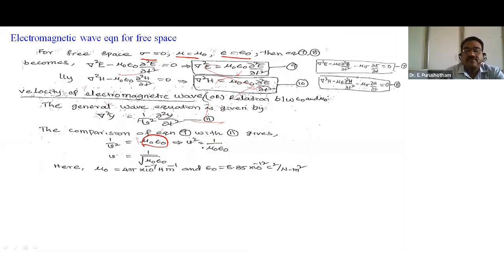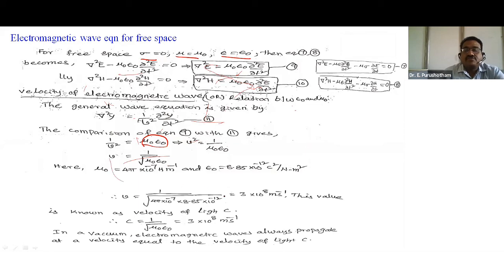Reversing, we can write 1 by v square is equal to mu naught epsilon naught, so v is equal to the whole root of 1 by mu naught epsilon naught. Substituting the mu naught and epsilon naught values, we get 3 into 10 to the power 8 meter per second.